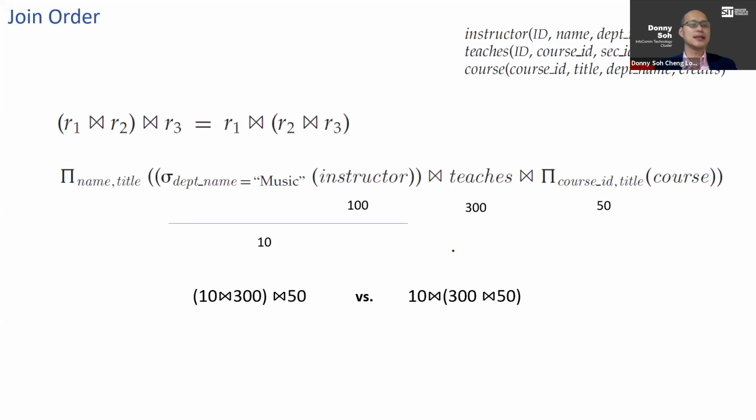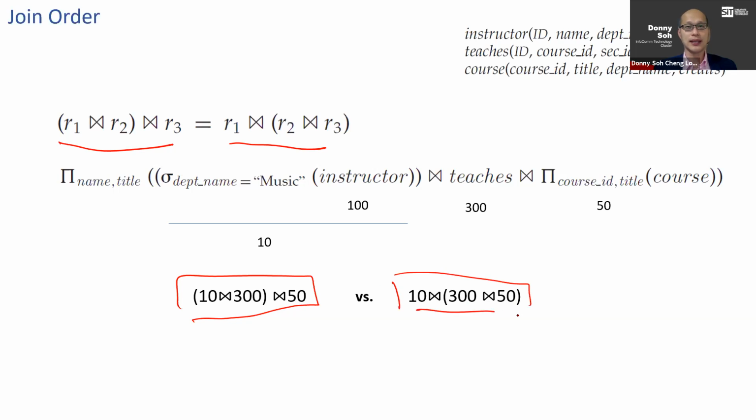The next one talks about the join order. Here I have two different kinds of algebraic expression. The first is a join between R1 and R2 and then R3, versus R2 and R3 and then joining R1. This is an example of what the two may look like.